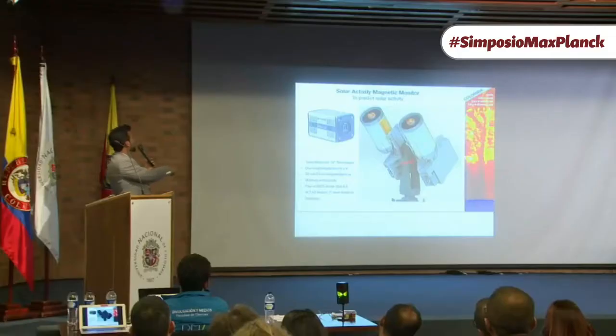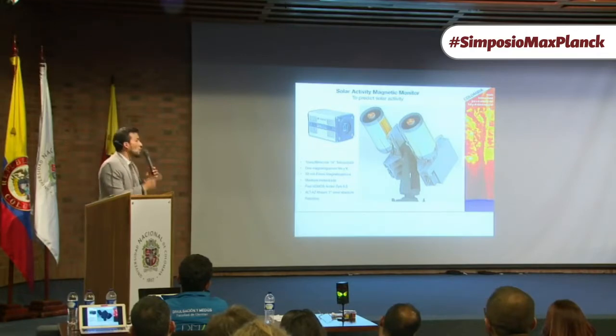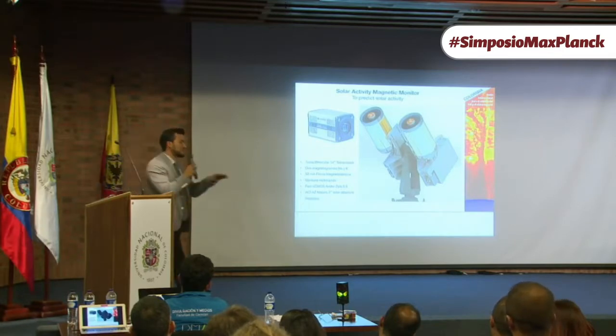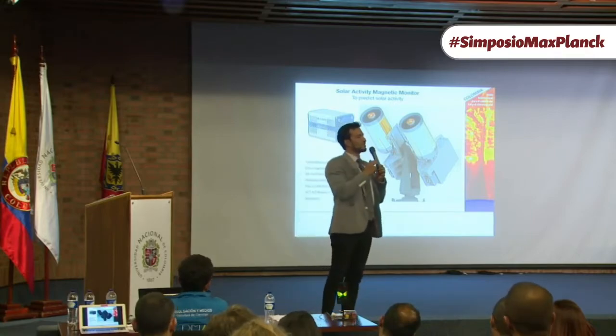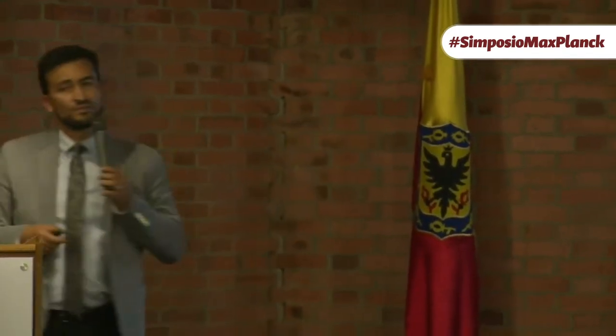We want to install this binocular telescope, and we want to observe the sun in low resolution and try to infer the variations in the magnetic field on the solar surface and apply a technique which was developed by the University of Sheffield, in which by analyzing the variation in magnetic field, you can infer when a solar flare is going to happen at least 15 hours in advance. So that's our next project for the next 3 years probably.